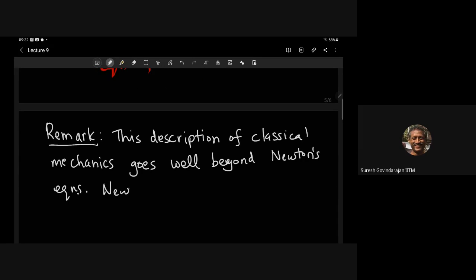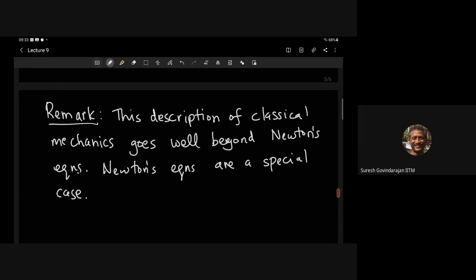Newton's equations are a special case. There are systems which are non-mechanical, like electromagnetism, which also fit into this Lagrangian framework. It's much more complicated than this, but from the viewpoint of making the statement, that's what it is.